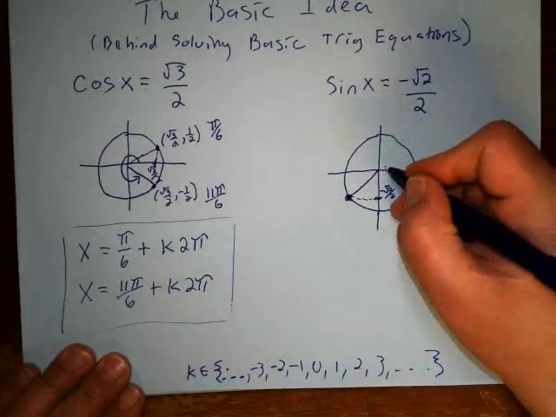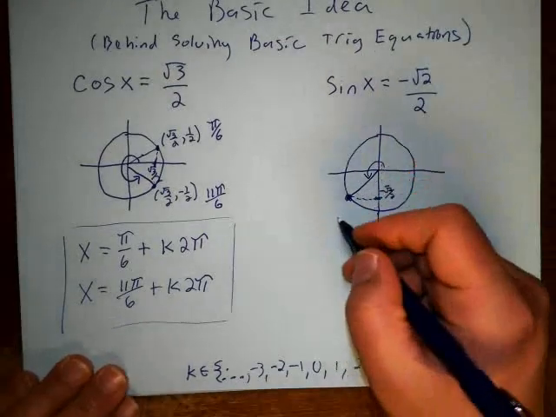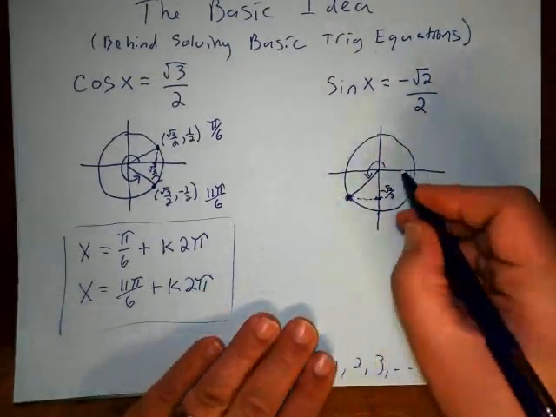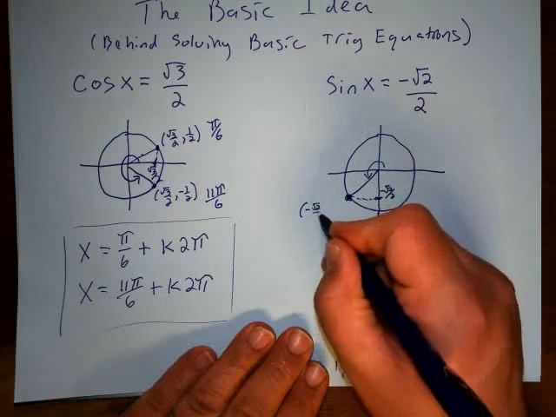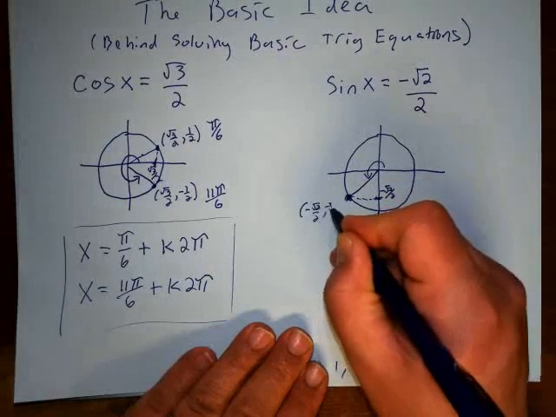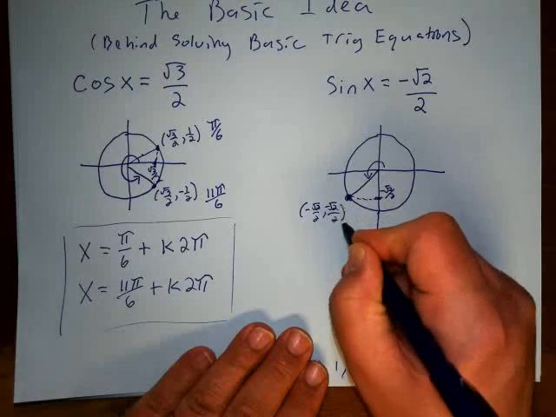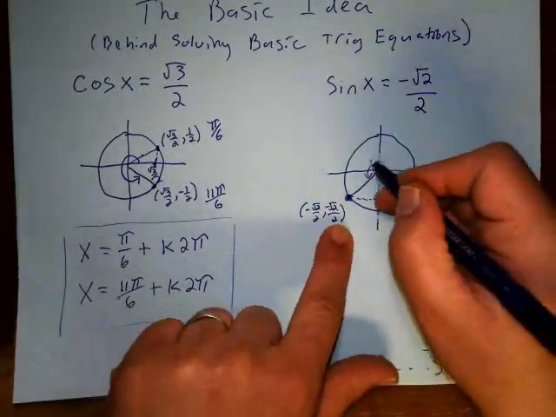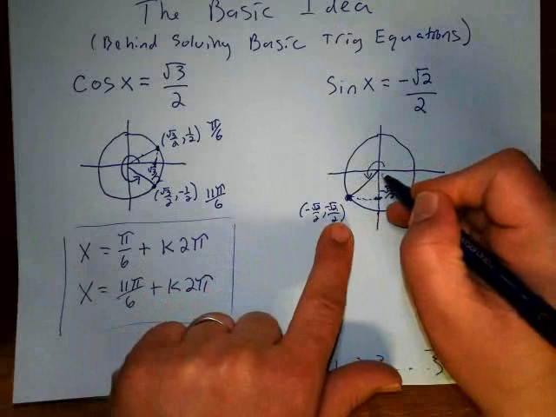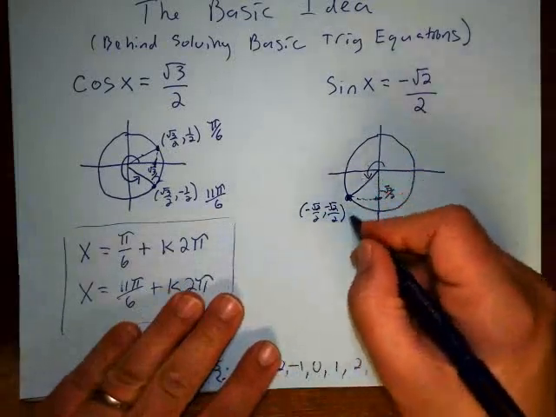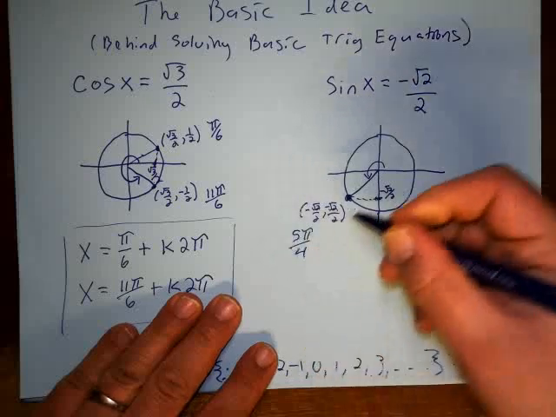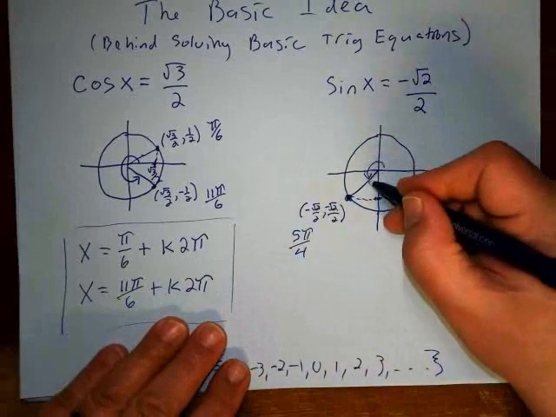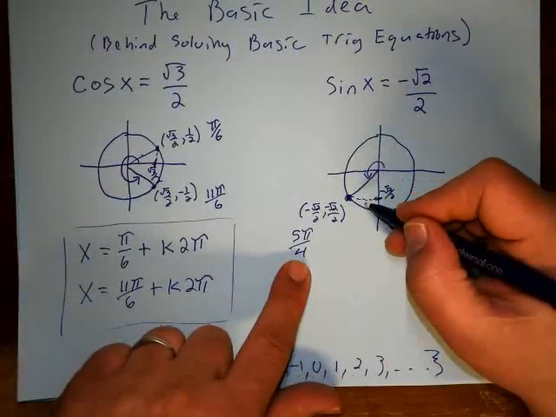And this angle here is one of the pi over 4 angles, so this point over here would be negative square root of 2 over 2, negative square root of 2 over 2. And this one is actually 5 pi over 4. 4 pi's over 4 plus 1 more, that's 5 pi over 4.